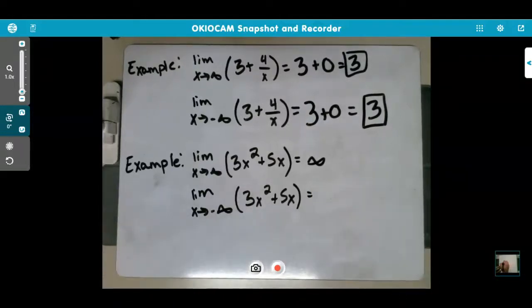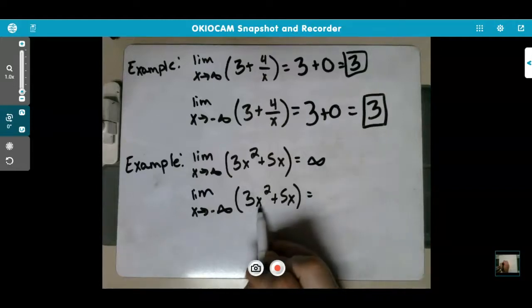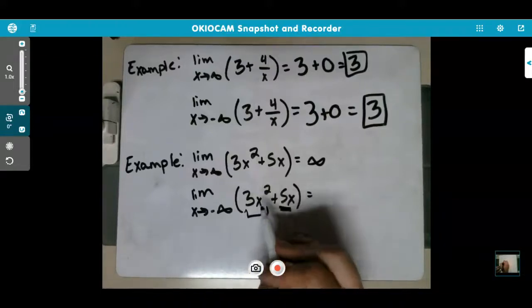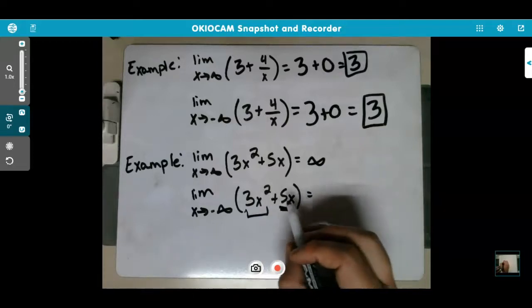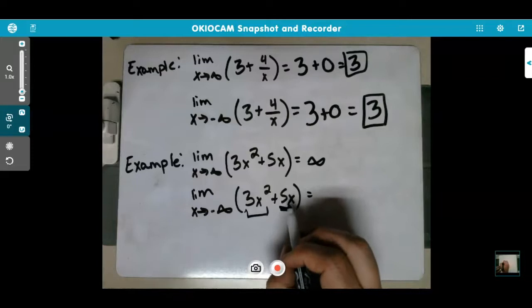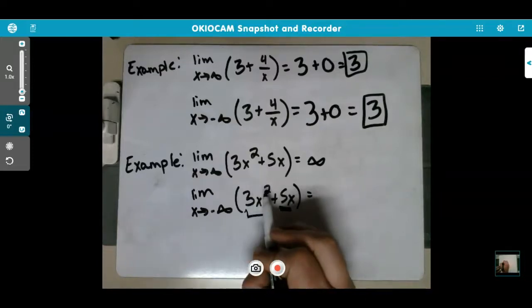So again, I have to think about this. Notice this term is being squared, which means a number that's really big is going to grow more with this term than with that term, because this one is x squared and so it's going to grow and grow and grow, whereas that is just an x. So even though this will grow and grow, it's going to grow a lot slower because it's not being squared.